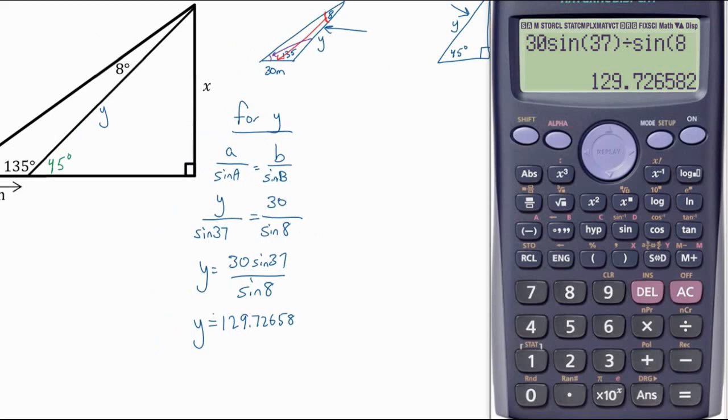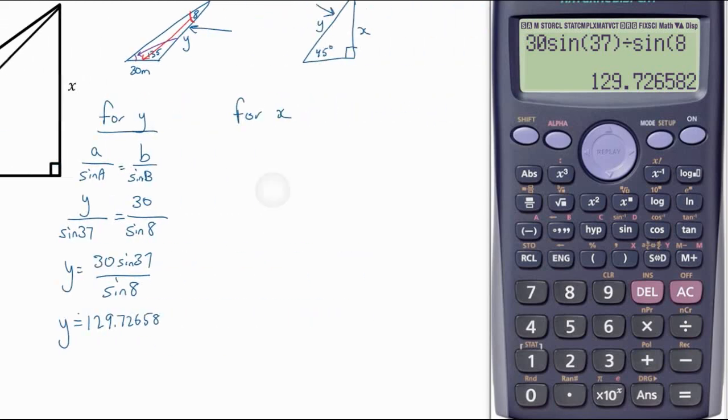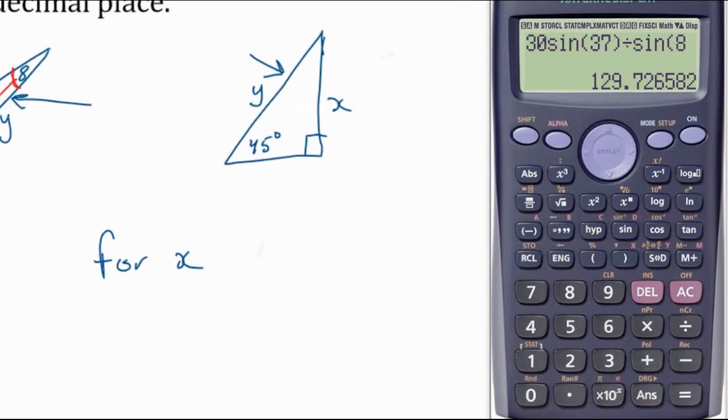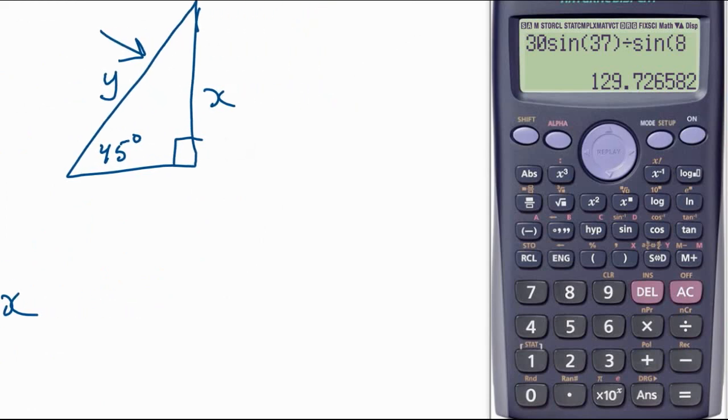So now that I have y, I'm going to be able to solve for x. I've got the triangle drawn over here so we can visualize. For right triangles, it's SOHCAHTOA, right? So I'm figuring out which one it is, and we label the triangle to do this. That's the hypotenuse. This is the angle we're using.